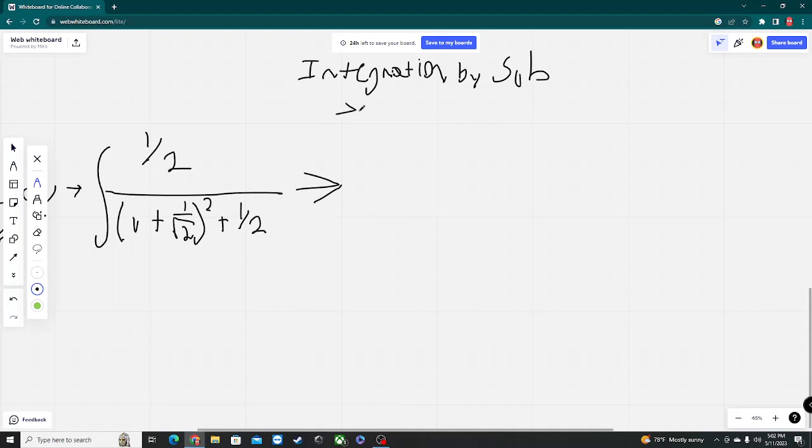So integration by sub, what we're gonna do here, we already used u. Our next value has to be t. So we're gonna use 1/t equals u.